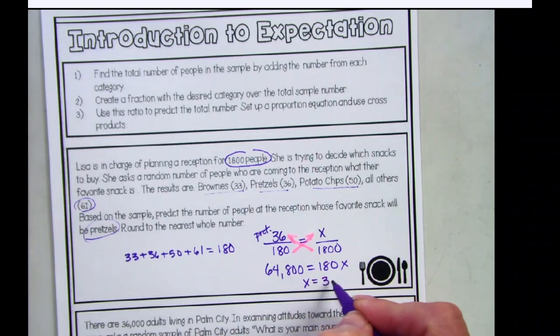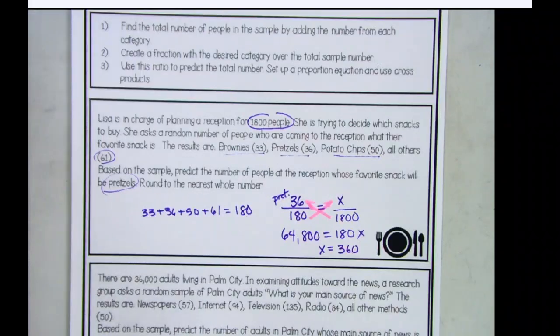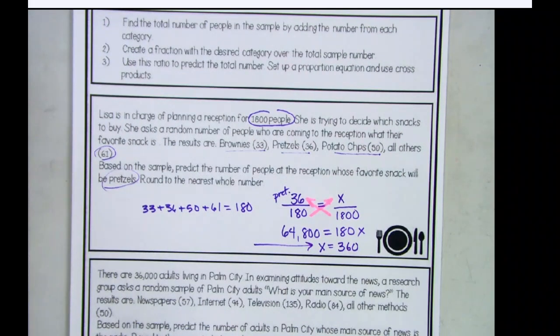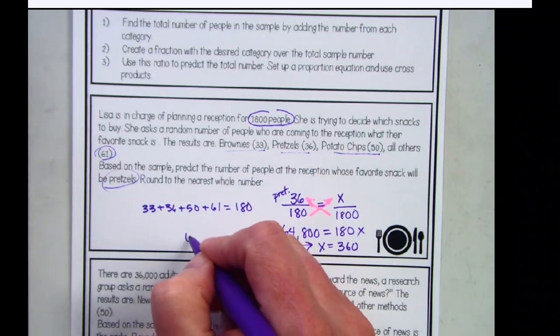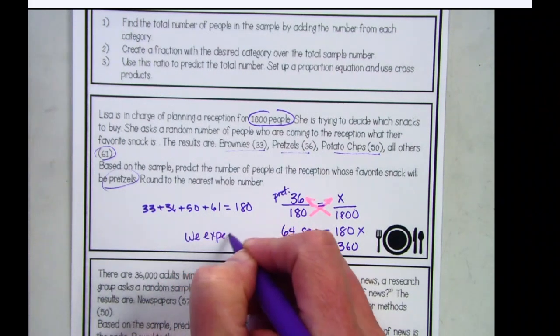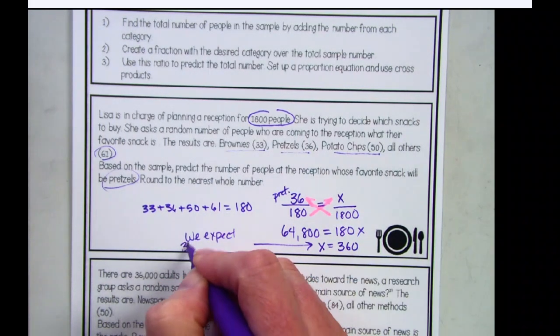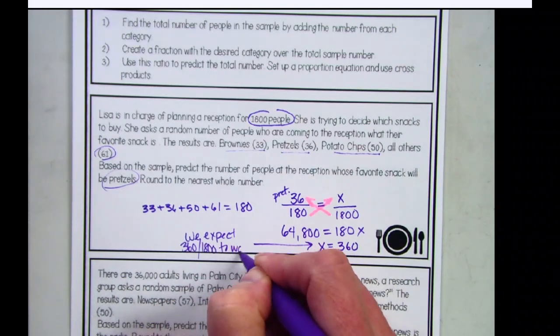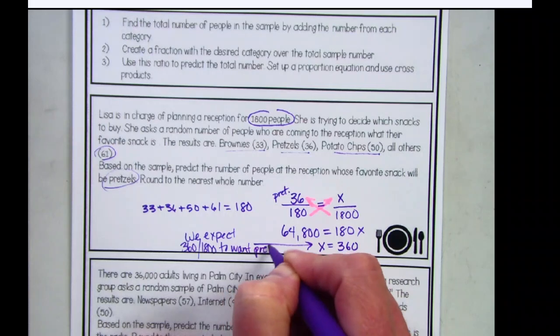So out of those 1,800 people, we expect, notice how I said that. Is it a for sure thing? Not necessarily. But we expect 360 people out of the 1,800 to want pretzels. That's what's going on there.